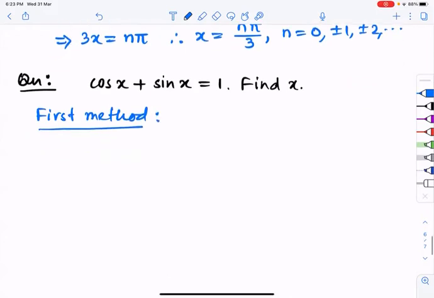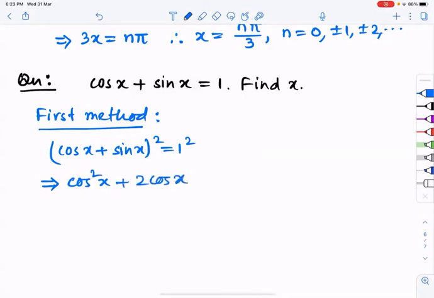you may think that you will square both sides. That is cos x plus sin x whole square equal to 1 square, which will imply cos square x plus 2 cos x sin x plus sin square x equal to 1. We know that cos square x plus sin square x is equal to 1, so they will be cancelled.